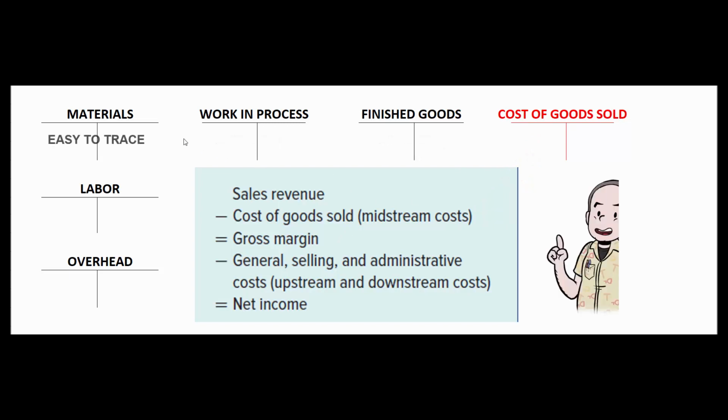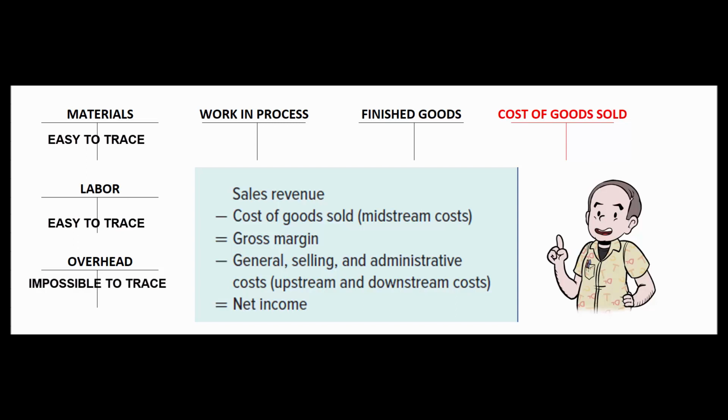And by the way, it's going to be real easy to figure out the cost of our direct materials, because we're going to have a system to keep track of how many board feet of wood went into our dining room tables this month. It's going to be easy to keep track of direct labor, because we're going to have our people fill out their time cards to tell us how many hours they worked on dining room tables versus dining room chairs.